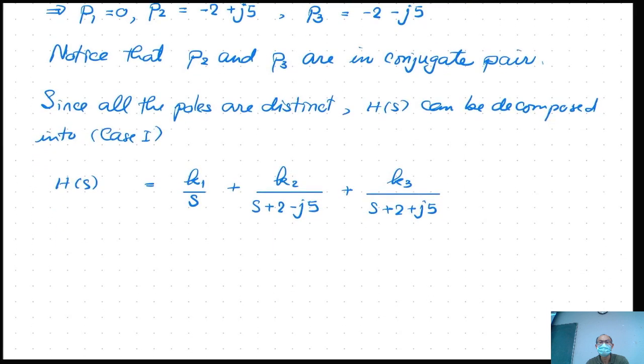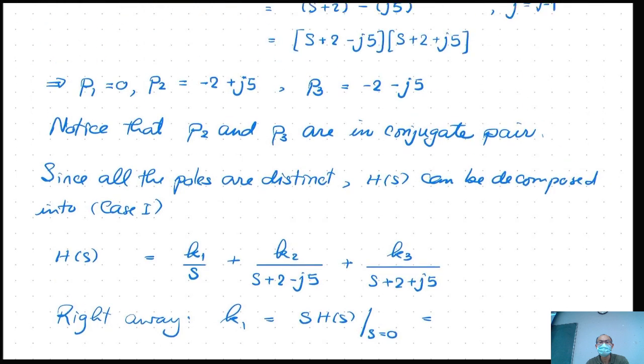And now, the first one is easy. All right, the first one is easy. We can find K1 right away. K1 is S times H(S), and then plug in S equal to P1, which is 0.